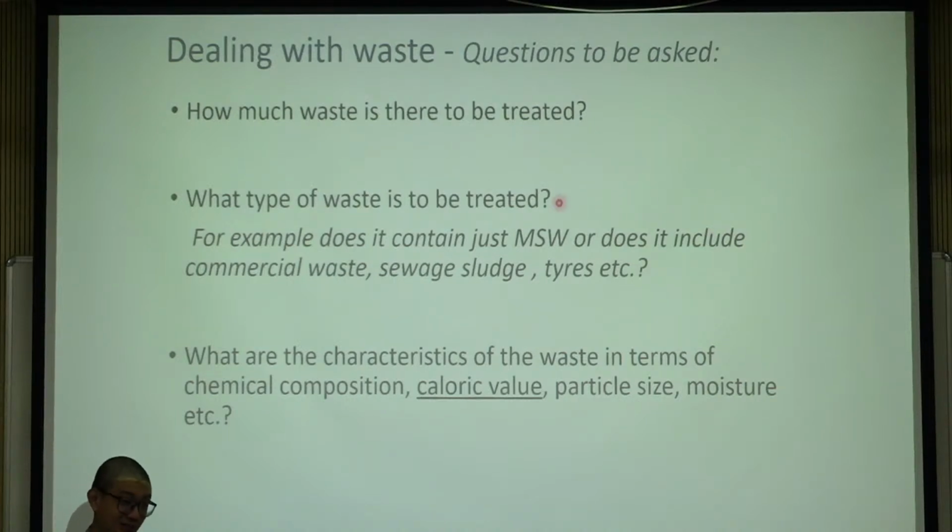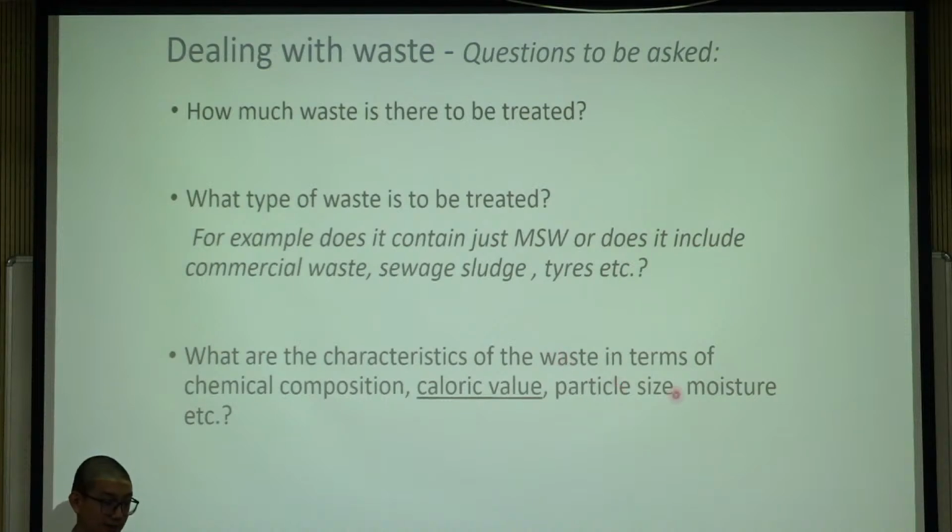So this is a question. How much waste is there to be treated? What type of waste do you want to treat? Because for different types of waste, you might use different technologies. What is the chemical composition and the calorific value? Because if we want to use the syngas as a fuel, and most applications use it as a fuel, what is the characteristic value or energy content of the waste?